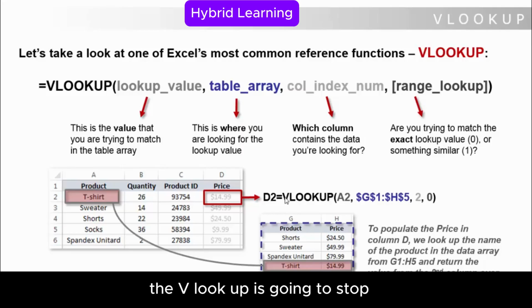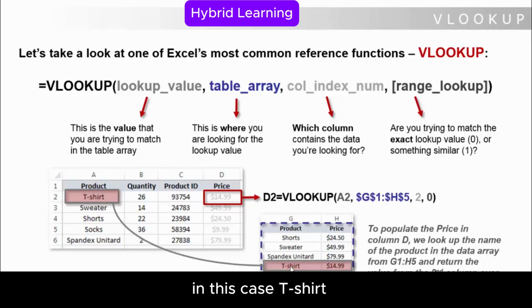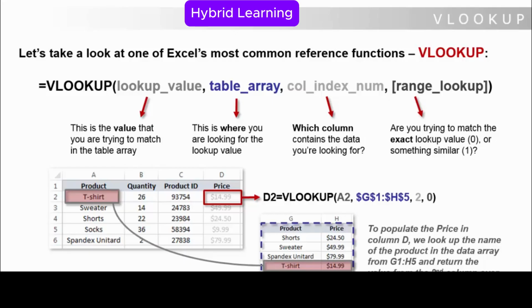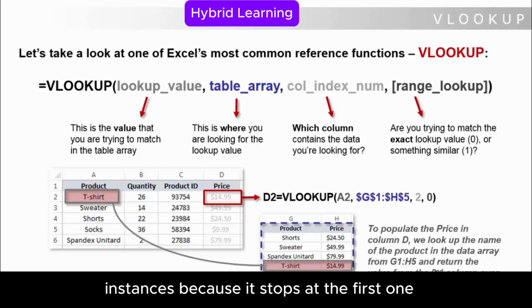The VLOOKUP is going to stop the first time it finds the value it's looking for, in this case t-shirt, and return the price in the second column over for that first instance. It's not even going to know that there were multiple instances because it stops at the first one.